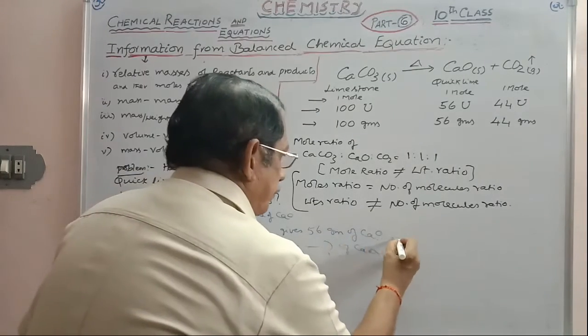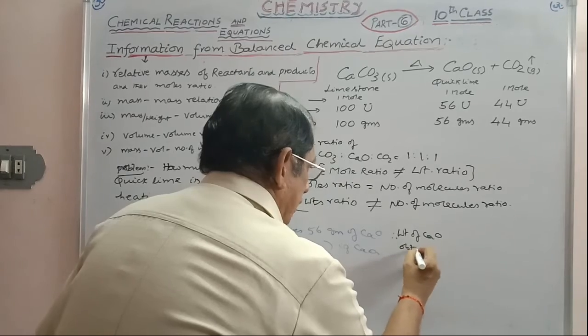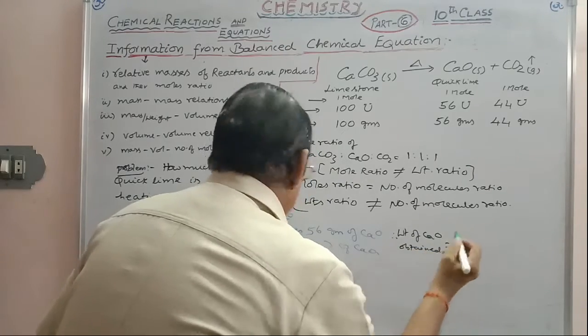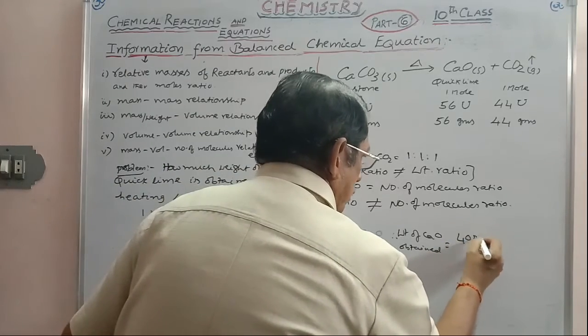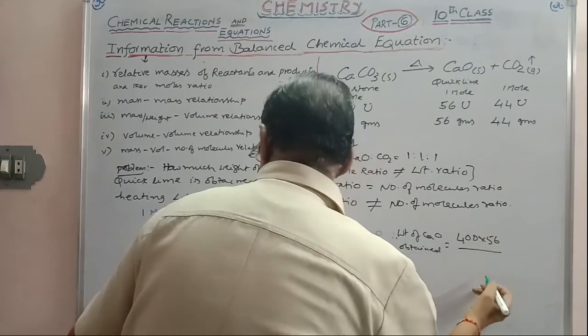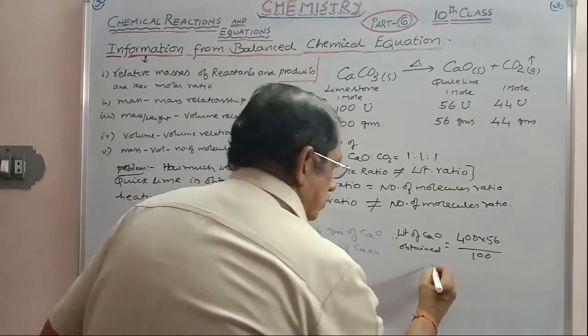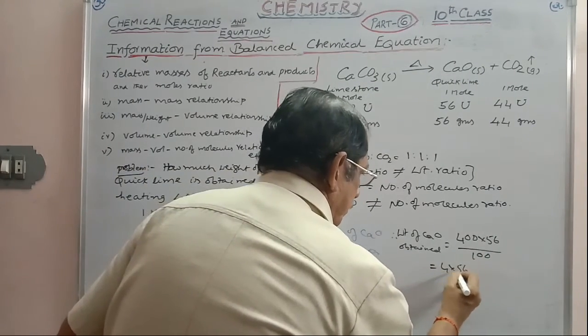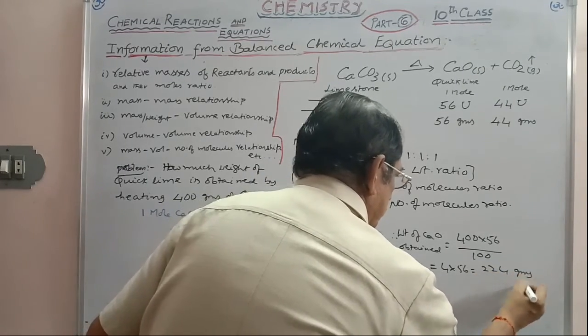Therefore, weight of CaO obtained is equal to 400 into 56 by 100. This is equal to 4 into 56, 224 grams.